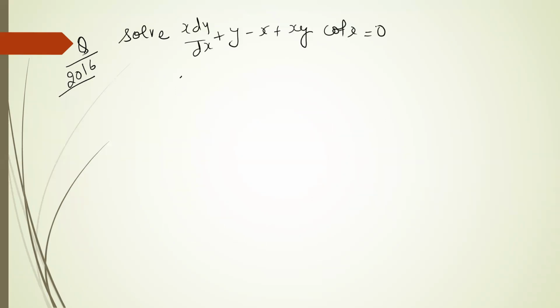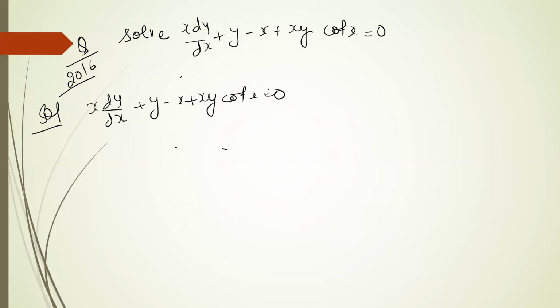Now, the question we are discussing here is from CBSE 2016. The problem is: solve x dy by dx plus y minus x plus xy cot x equals 0. So how will you solve this problem? The given differential equation is x dy by dx plus y minus x plus xy cot x equals 0.